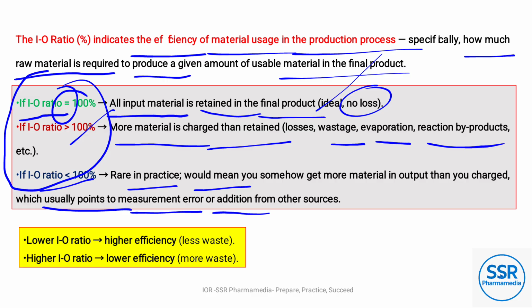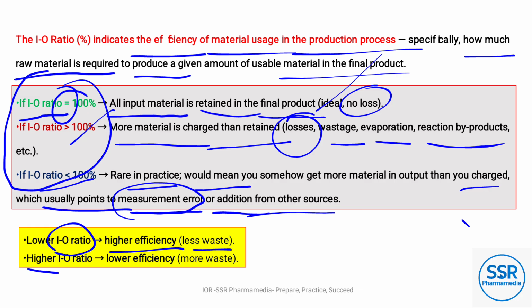Equal means the final product is ideal, no losses occur. If it is more, losses occur. If it is less, there may be overcharging, which usually points to measurement error or addition from other sources. So lower input output ratio, higher efficiency, less wastage. Higher input output ratio, lower efficiency, more wastage.